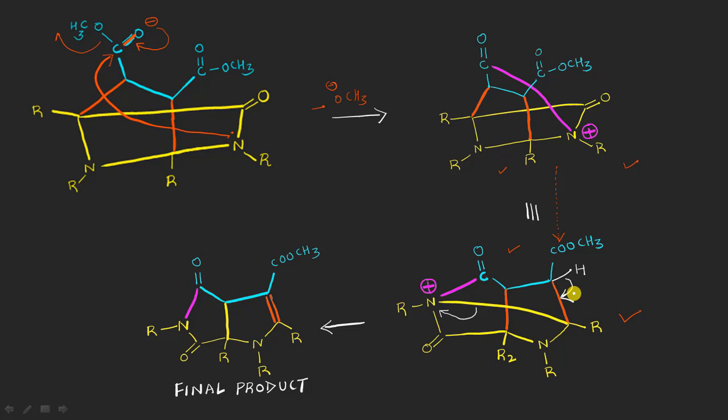So the H positive will go out from here in the form of minus H positive, and these electrons will shift here, giving a double bond like this. And this bond here will break and the 2 electrons will come onto nitrogen and the positive charge here will be gone now, right? Finally, resulting in the formation of this type of final product molecule, right?